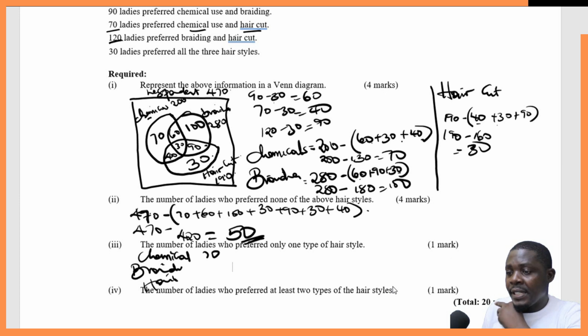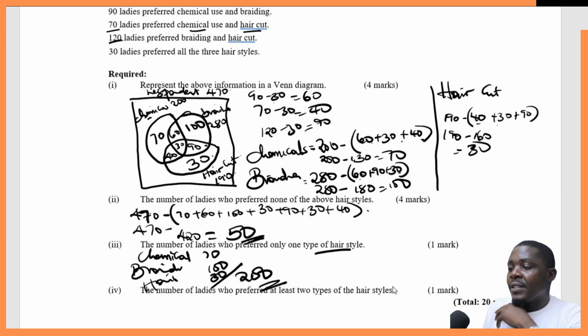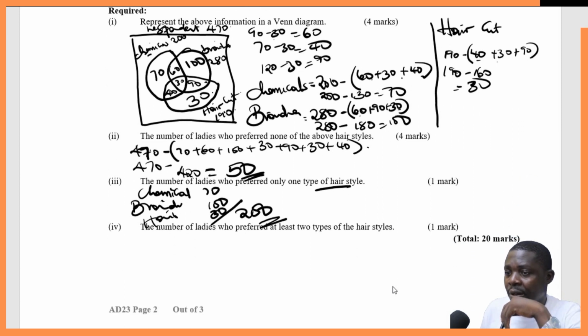Chemical was 70, braiding was 100, haircut was 30. The total is 200 ladies who preferred only one type.